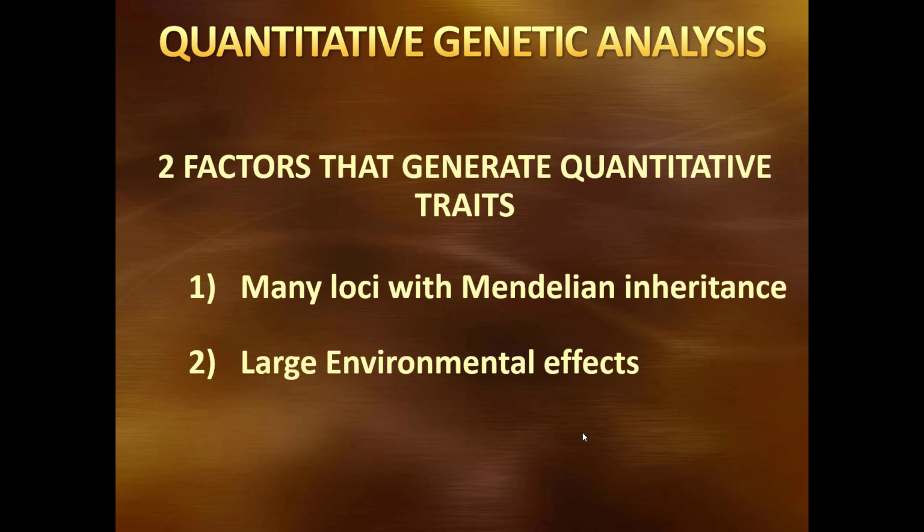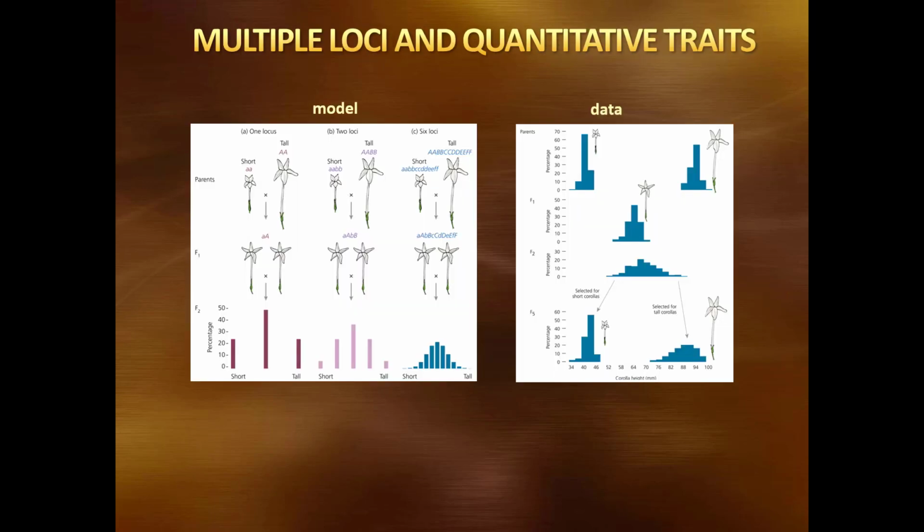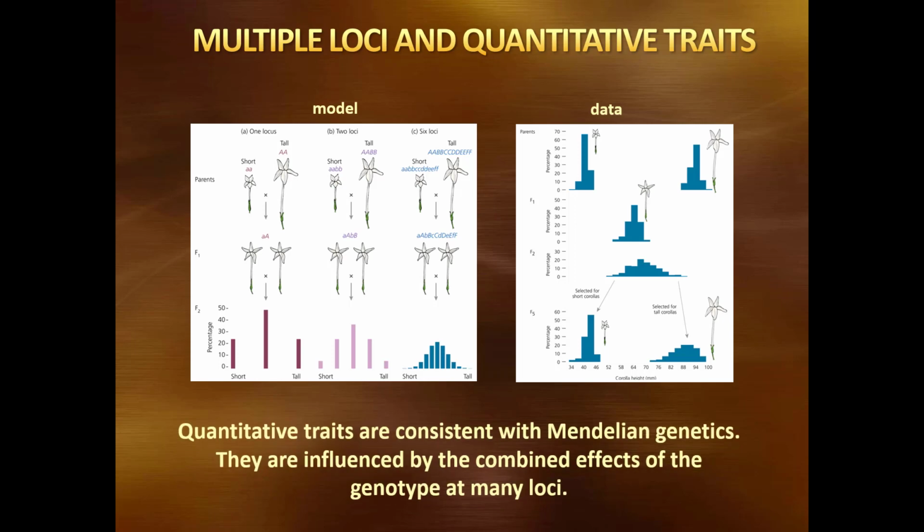One of the things could be that you have a trait that has lots of different loci. So as opposed to having just maybe one or two loci that are contributing to this particular trait, you have lots of them. The other thing is you might have a trait that has a lot of environmental effects, and we'll see that here in a second. So this is looking at traits where you have multiple loci for these and how that affects quantitative traits.